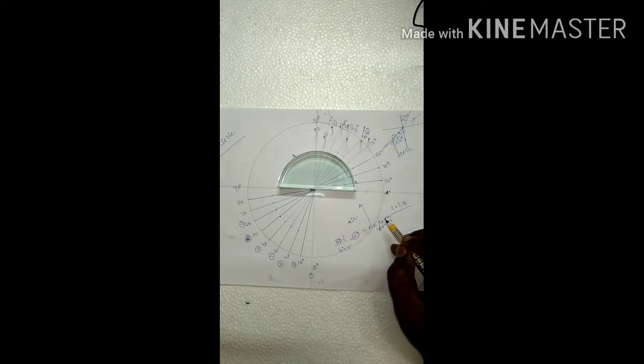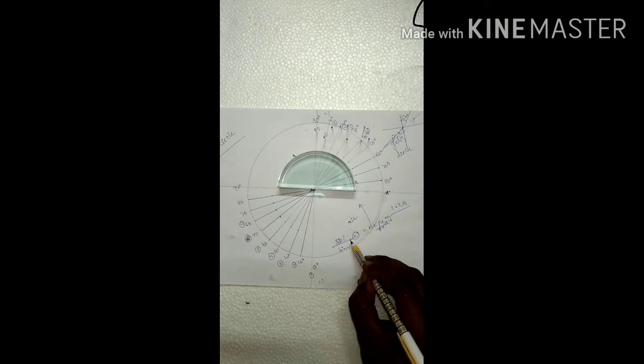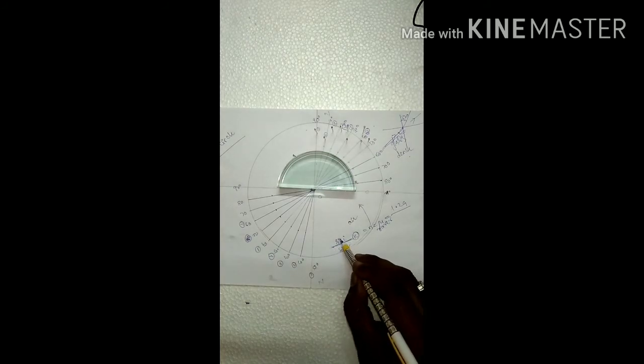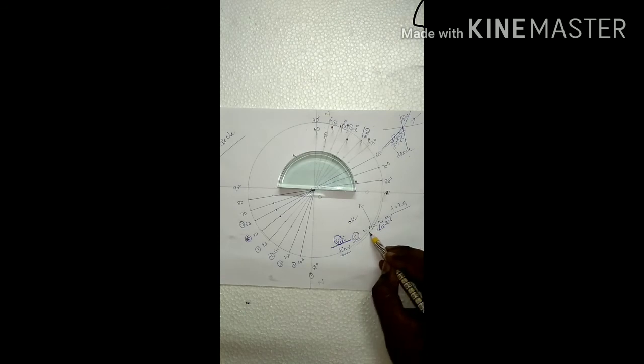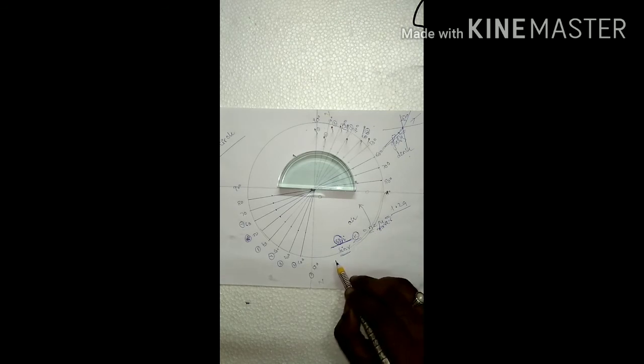So the ratio of the sine of the angle of incidence to the sine of the angle of refraction is always constant. That constant is called the refractive index.